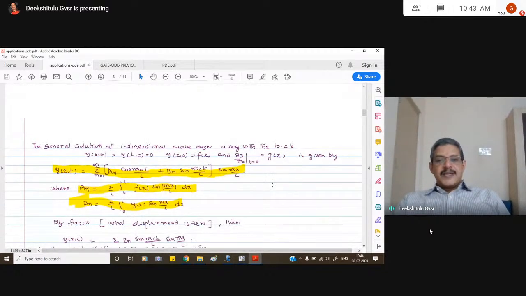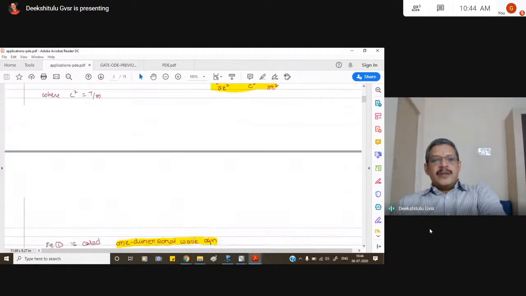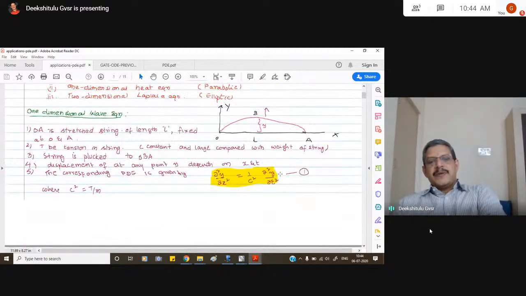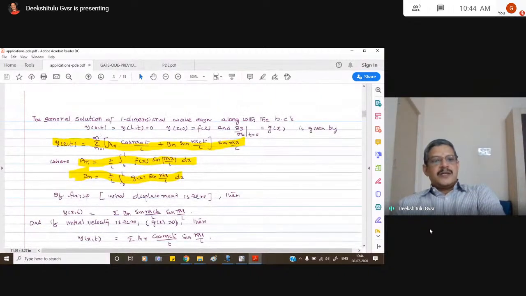Then, for such a vibrating string, the general solution of the one-dimensional wave equation ∂²y/∂x² = (1/c²) ∂²y/∂t², with boundary conditions: at the end points displacement is 0, initial position is f of x, and the initial velocity is g of x.